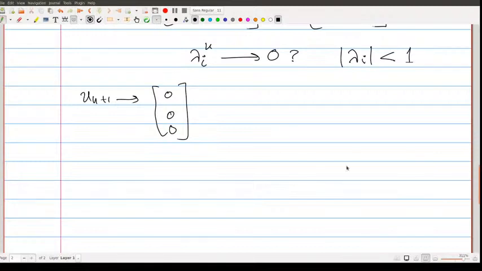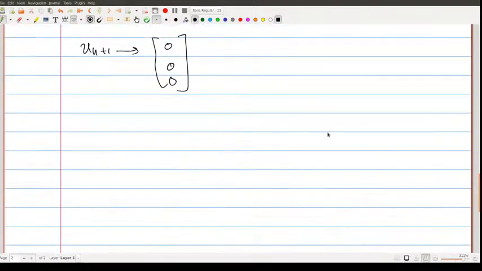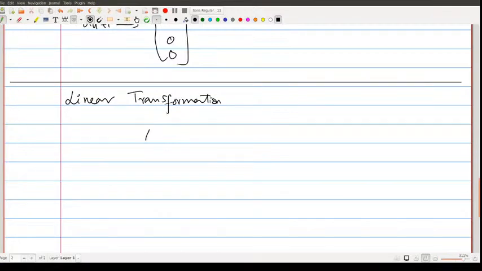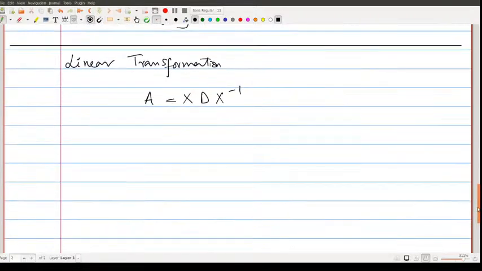Let's take another look at the same idea from the lens of linear transformations. Let's say A is X D X inverse, right? So let's think about it in terms of linear transformation.